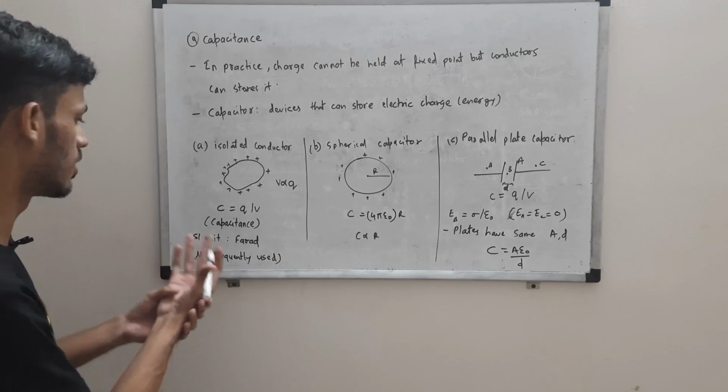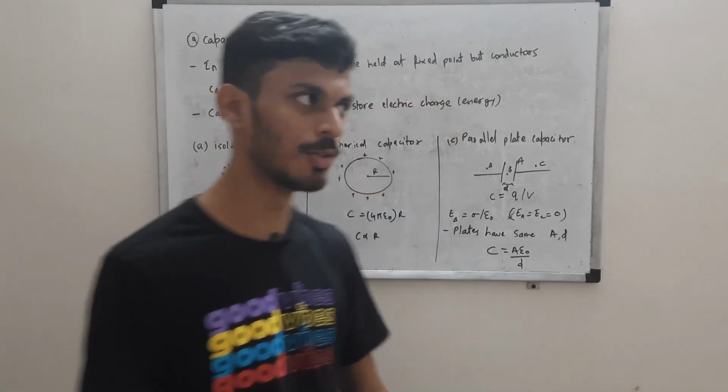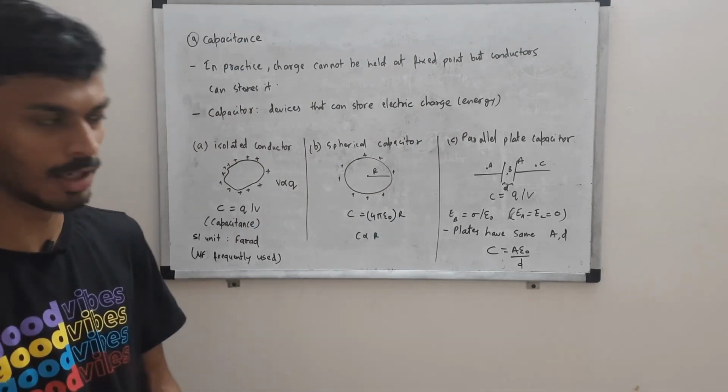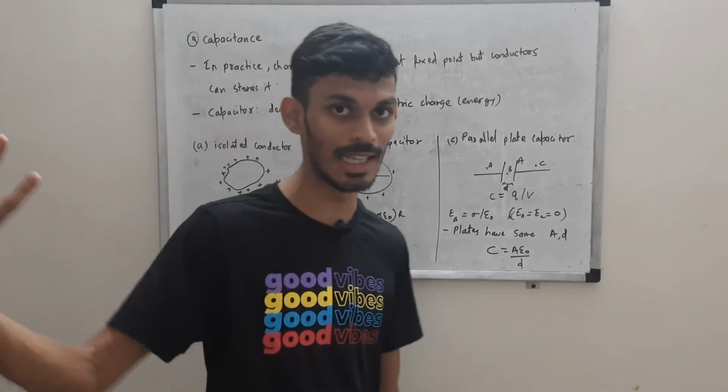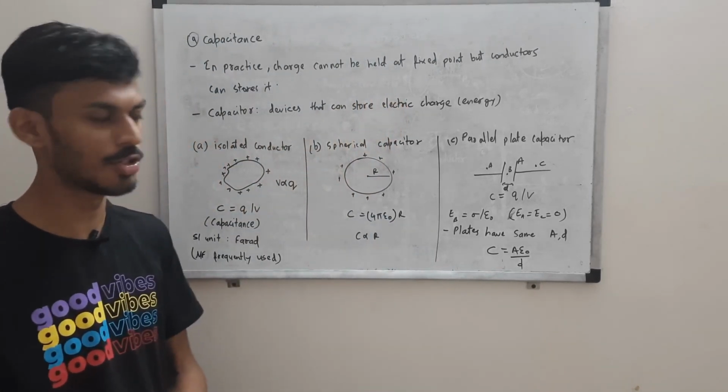Capacitance has an SI unit of farad. Farad is a very big unit, so usually you'll see microfarad, which is 10 to the power minus 6 farad, or picofarad, which is 10 to the power minus 12 farad.